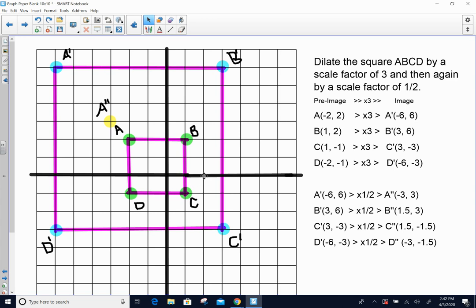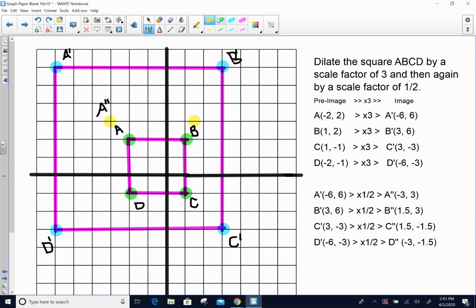I can't go all the way to 2 because it's 1.5. 1.5 falls right in the middle between 1 and 2. So this point is not going to be perfectly on one of these dots. It's going to be in the middle of a square. So I go 1, 1.5 is just halfway there. Okay? And then positive 3, I'm going up. 1, 2, 3.